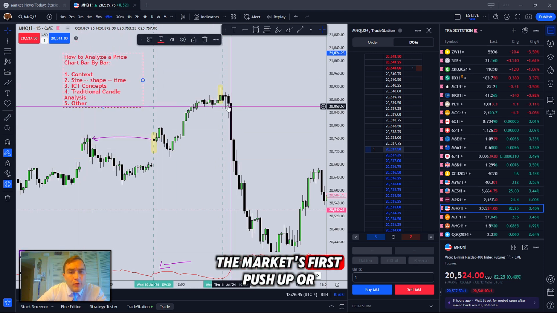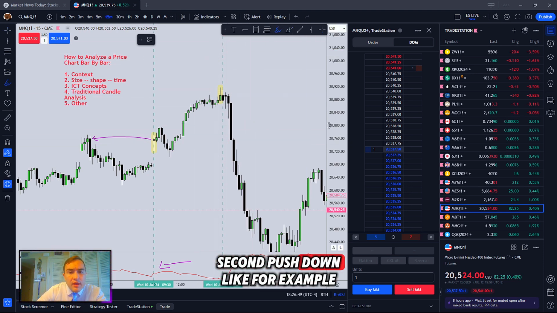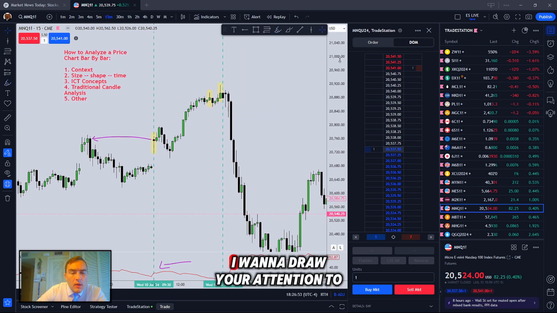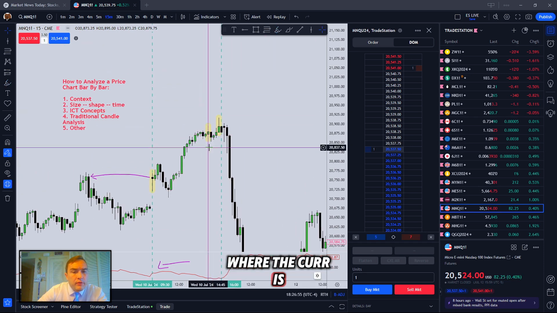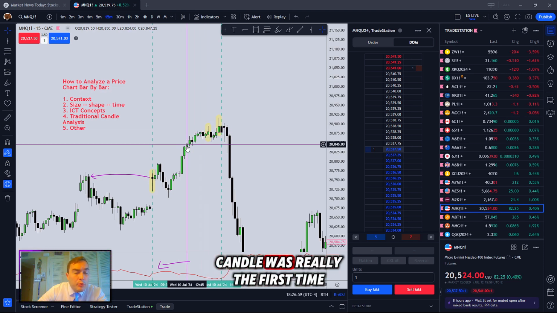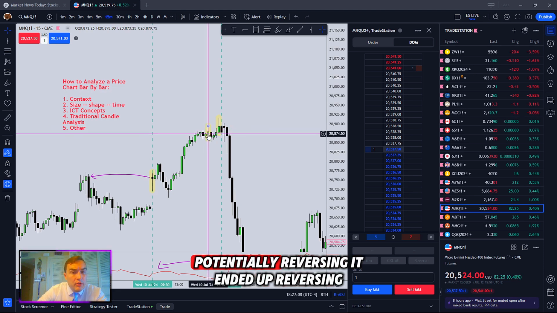The other item in reading the price chart bar by bar is: is this the market's first push up, or is it the second push up? First push down, second push down. So like for example, here, I want to draw your attention to where the cursor is on my screen. Notice that this first inverted candle, the 1445 candle, was really the first time on a 15-minute basis that the market thought about losing momentum, potentially reversing.